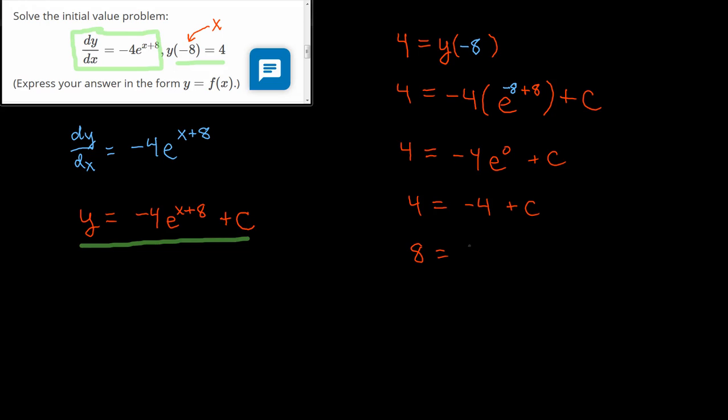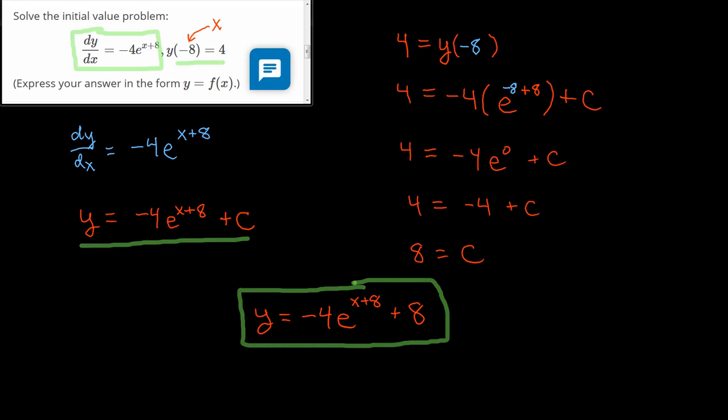If I add 4 to both sides, c is equal to 8. And so now we can get rid of that c. We can say that y is equal to -4e^(x+8) plus 8, because we've decided that c had to be 8. And that would be my final answer.